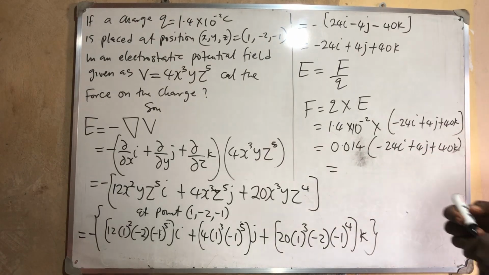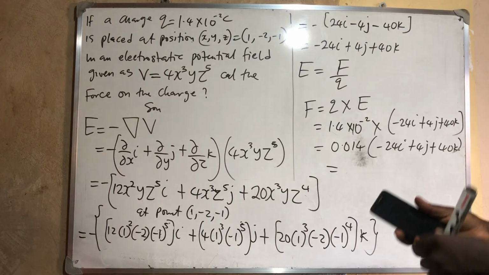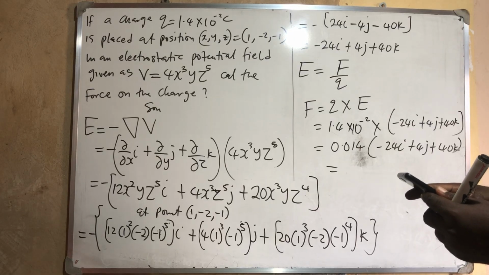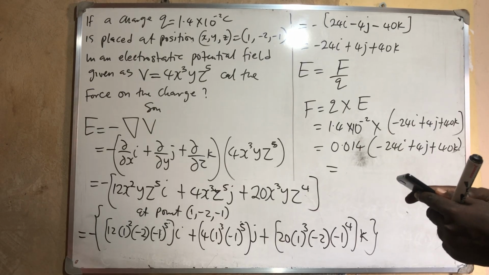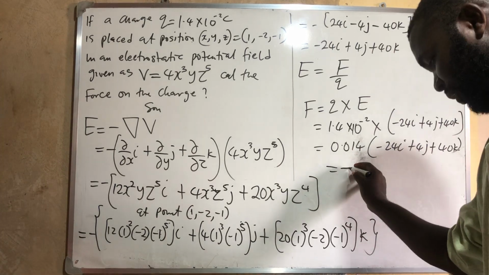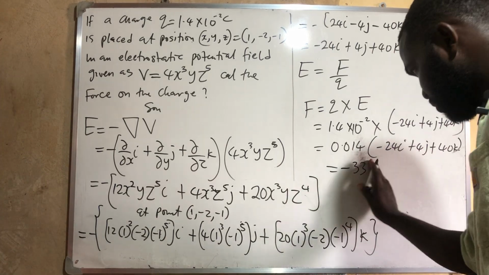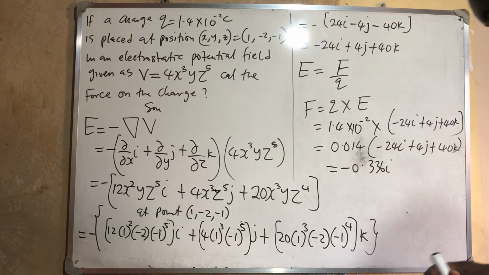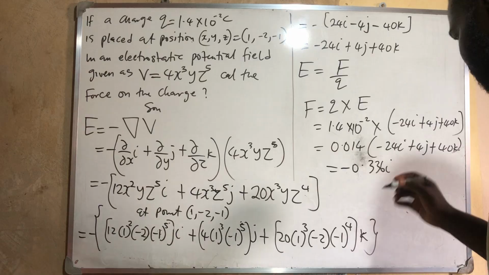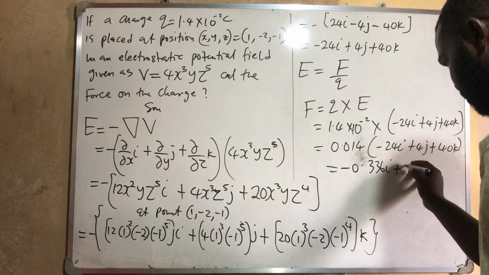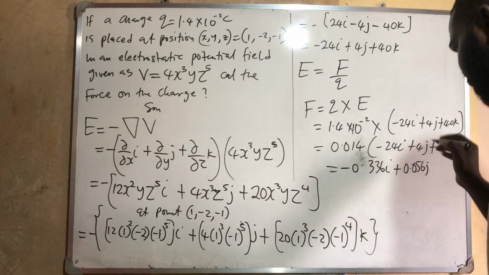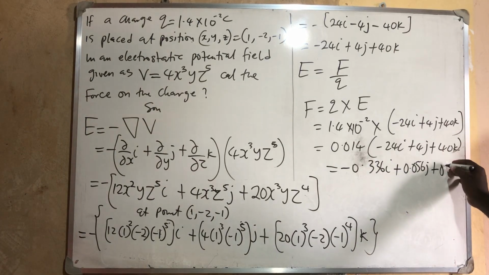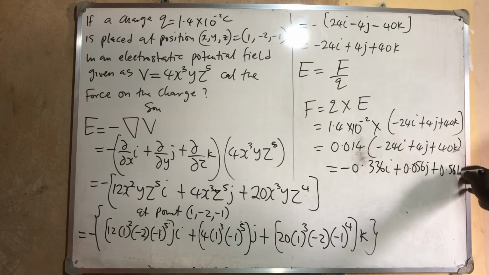If you open this bracket, you have 0.014 times 24. So I have minus 0.336i, plus 0.056j, then plus 0.56k.